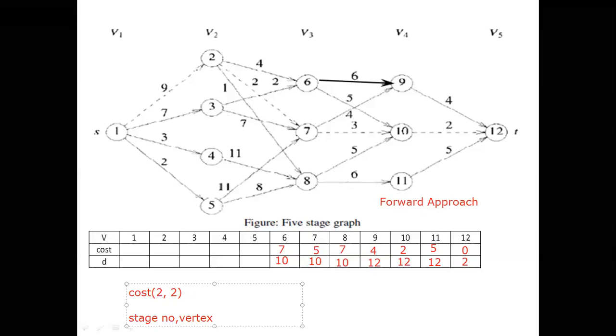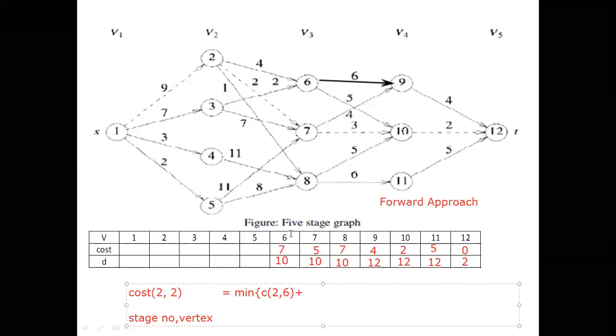Equal to, I will write equal to here, minimum of, I will write the flower bracket, minimum of. First we will take 2 to 6, that is C of 2, 6 plus, and from 6, what is the shortest path?